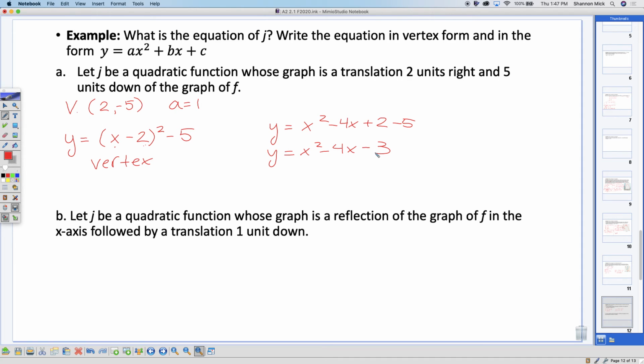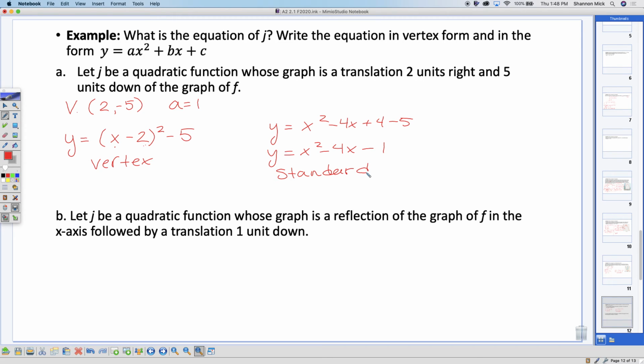No, 2 squared is 4. I said squared, didn't I? And then I didn't write it down. You got the wrong answer though. I know. Plus 4 minus 5. Yeah, better. What form is that? Standard. I got that one.